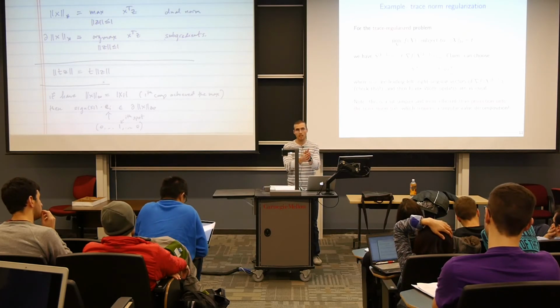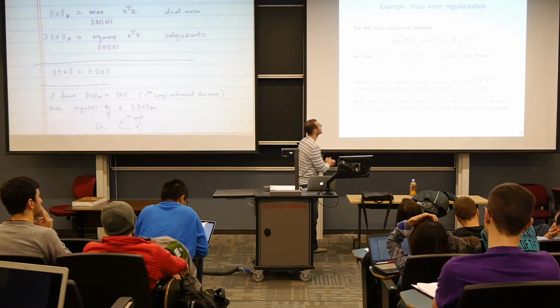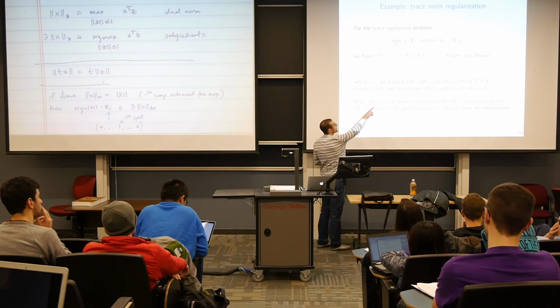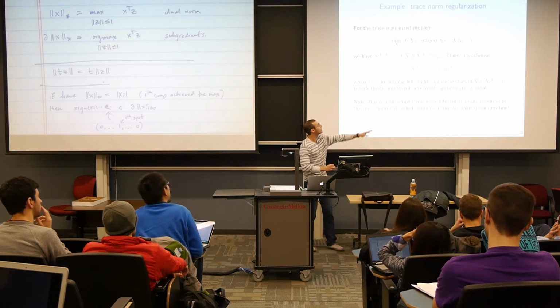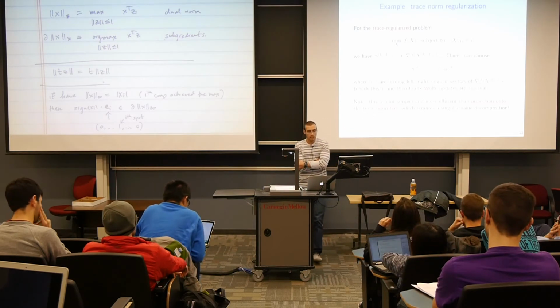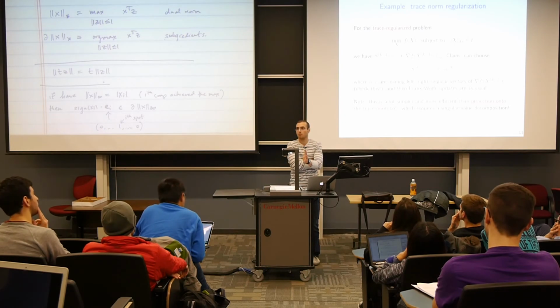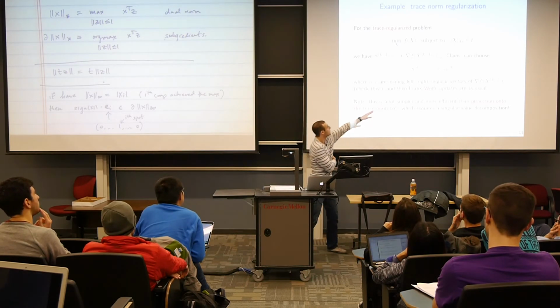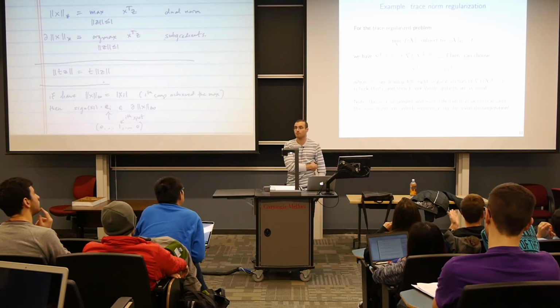So I take x, I find its top left and right singular vectors, I take their outer product, that's u v transpose, and my Frank-Wolfe update is minus t times the subgradient. All I do is take some convex combination of x and this point, minus t times u v transpose, and that's my update.